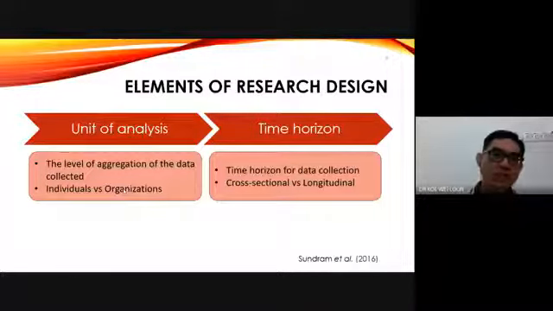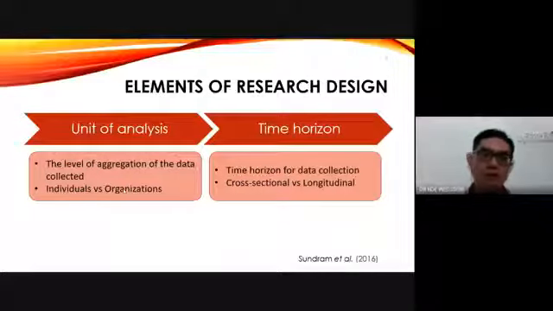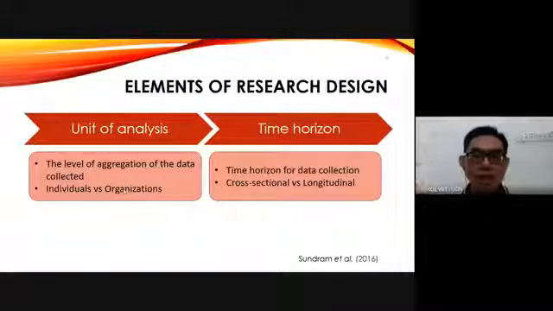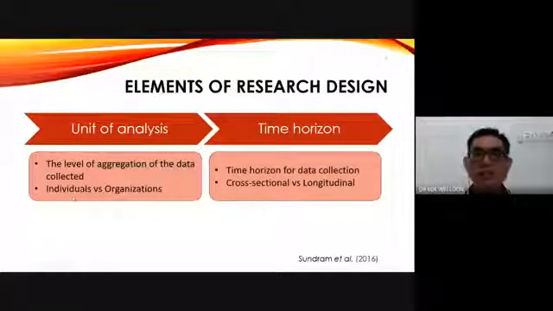In his research, he actually wants to find out what are the factors that cause or influence students to become entrepreneurs. So in his case, his unit of analysis is individuals.